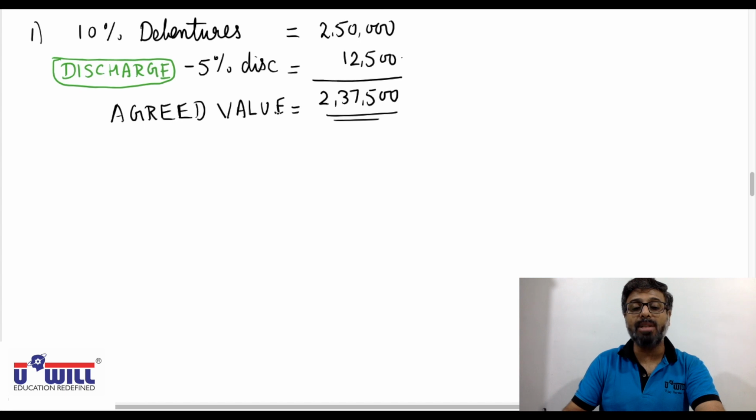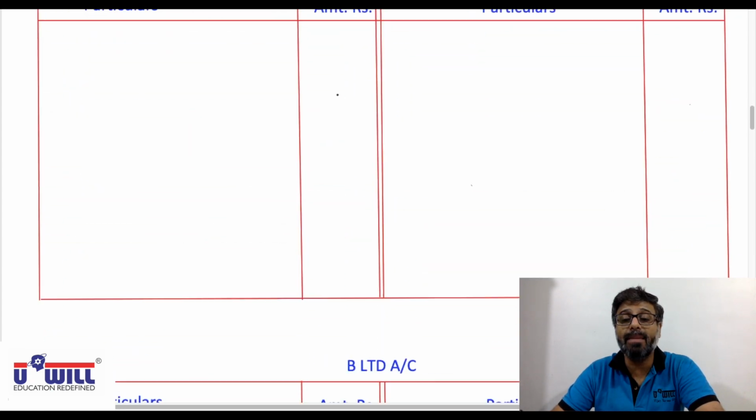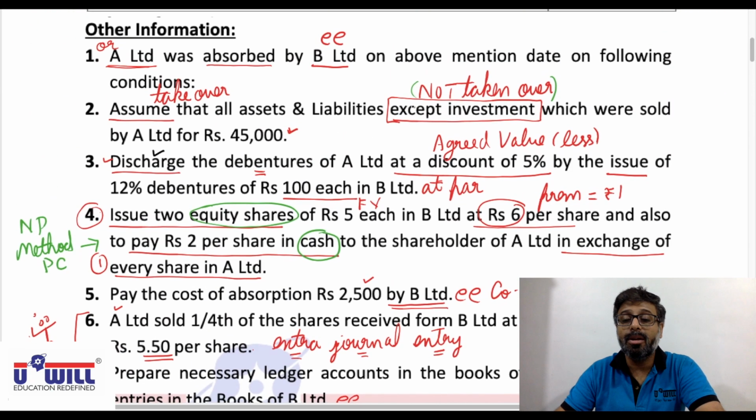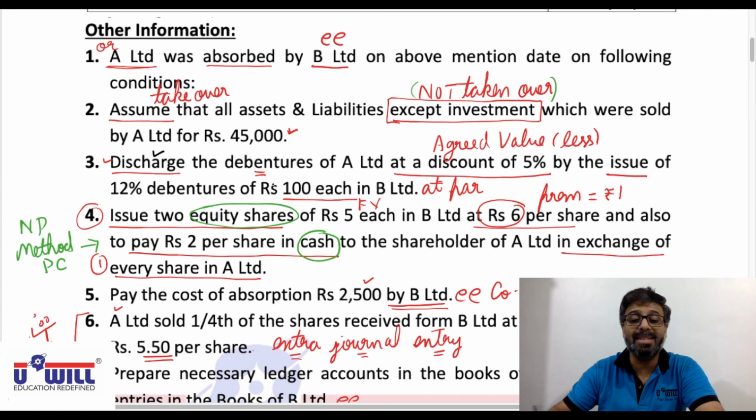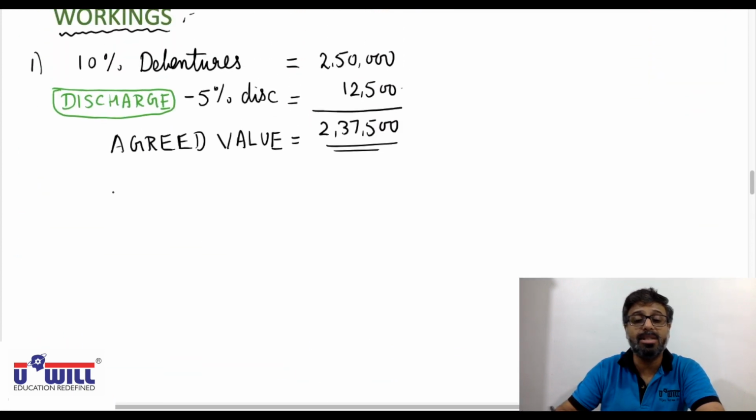If you have paused the video and tried on your own, very good. And if you got it correct, fantastic. Okay, you are able to understand the chapter then. If not, pause, rewind and understand it again. Now, how are the debentures issued? Issue of 12% debentures of 100 each in B Limited. Nothing is given means they are issued at par. So how many 12% debentures will be issued?